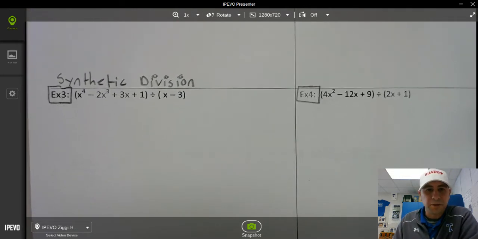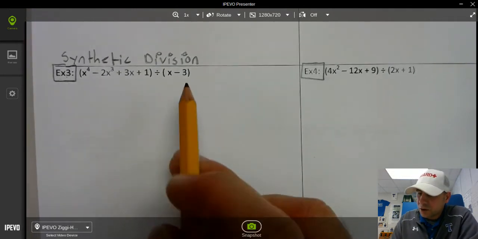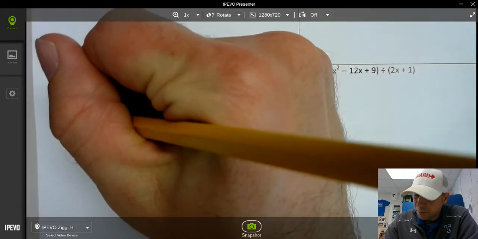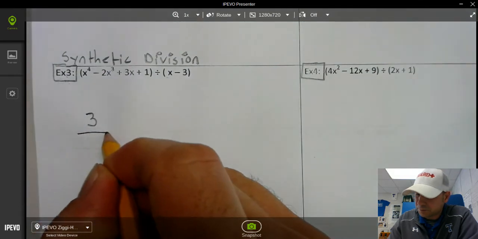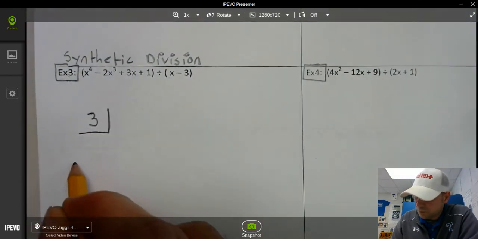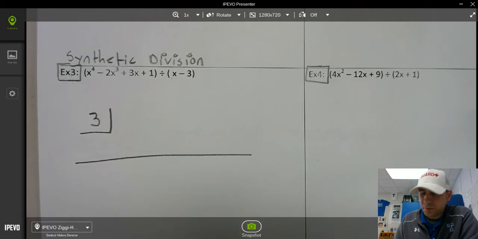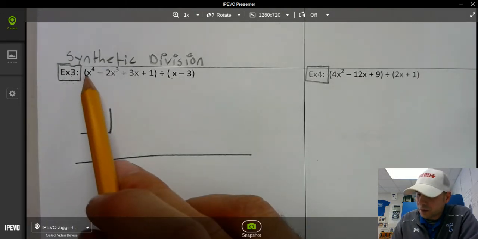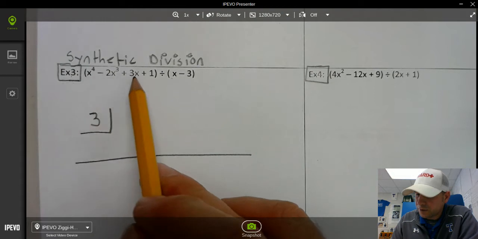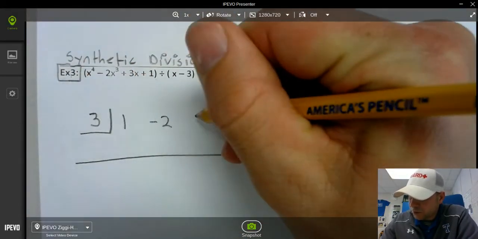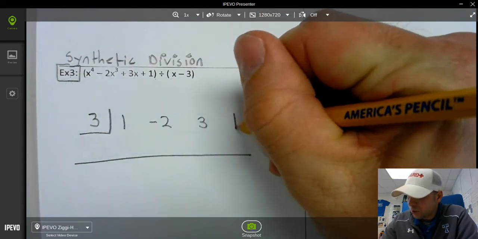All right, so synthetic division. Now synthetic division, you take this, but you do the opposite sign. So that's a minus 3, and you're going to divide with a positive 3. So when doing synthetic division, you take the coefficients in front of the x's and the constant. So that's 1, negative 2, 3, 1.